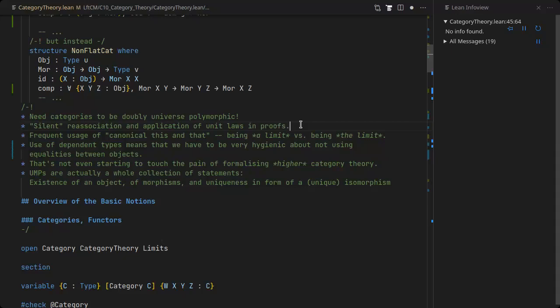Yes. The next challenge is that our formalization has to be general enough that it can deal with the fact that category theory makes a lot of use of canonical objects or canonical constructions of many sorts.